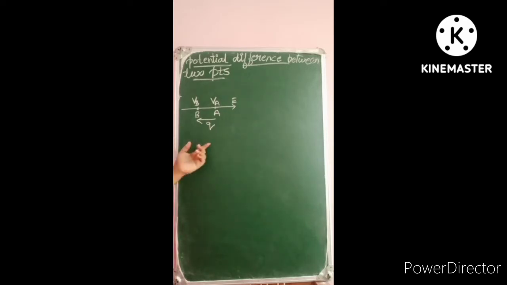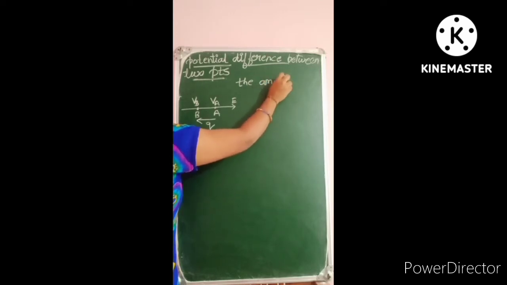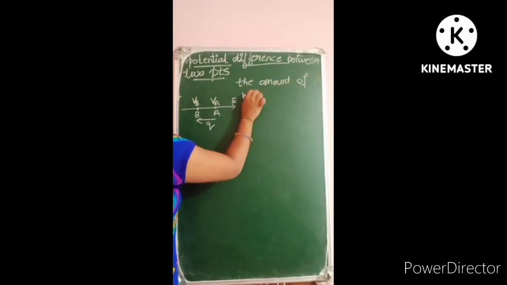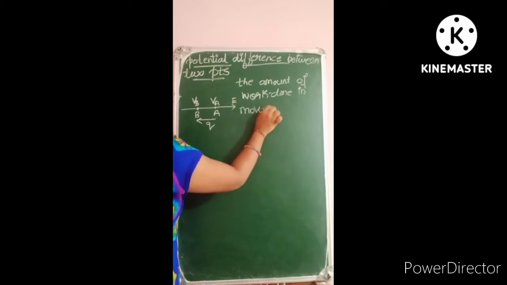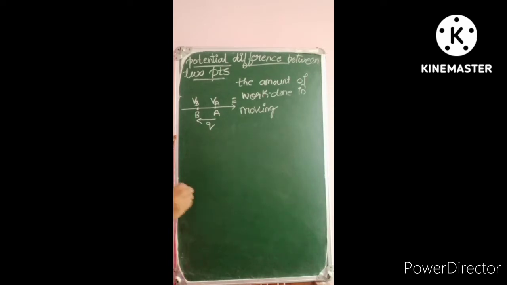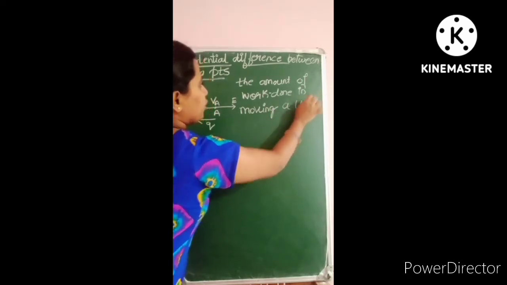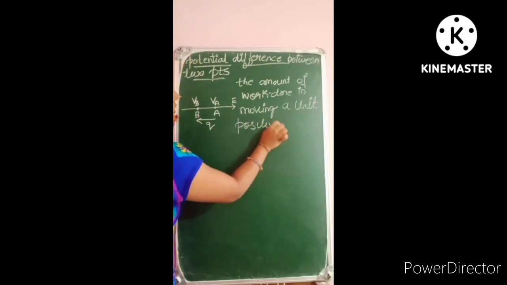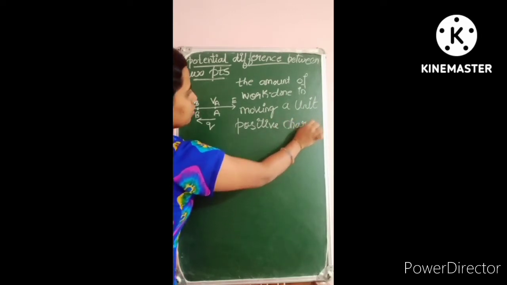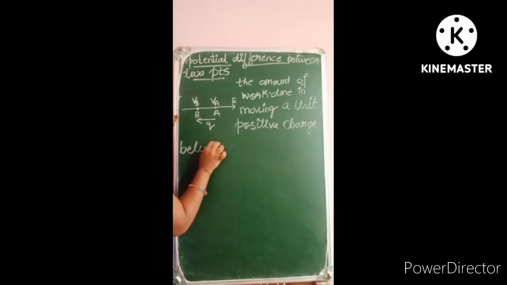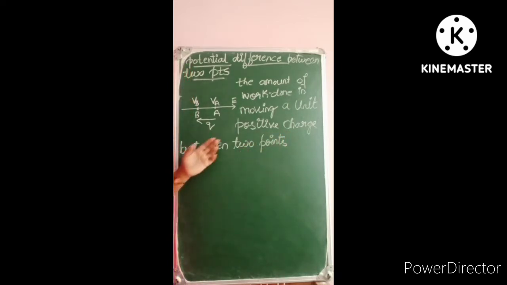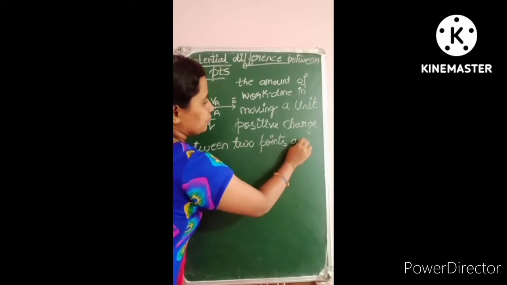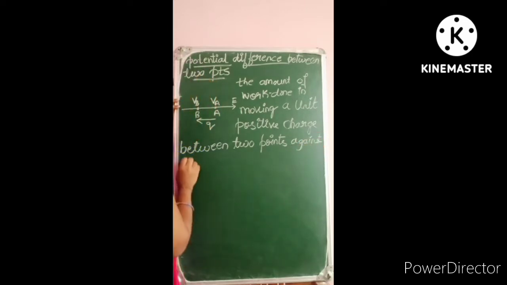So the potential difference between the 2 points is defined as the amount of work done in moving a unit positive charge between 2 points against the field.